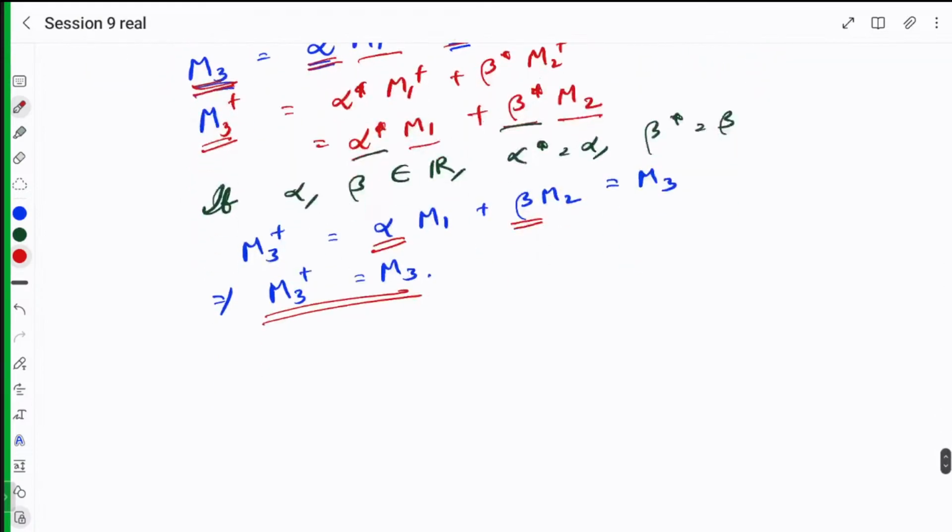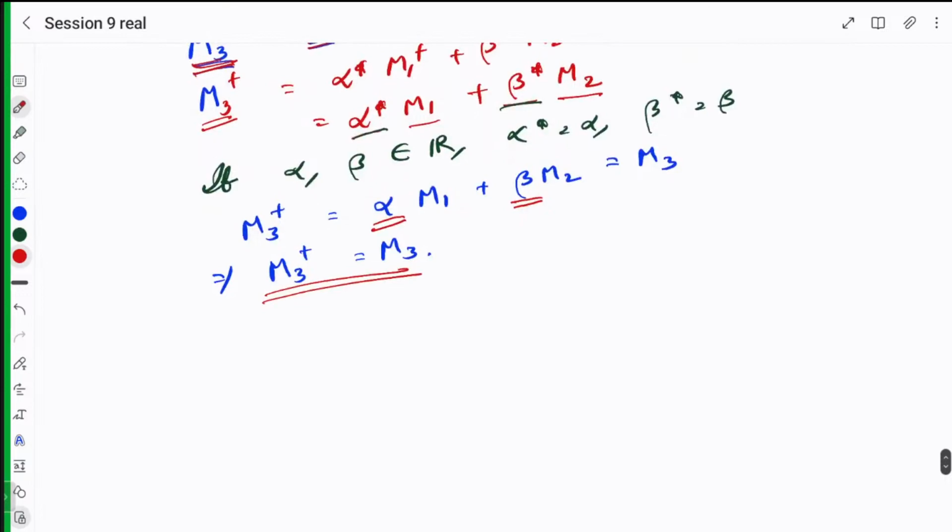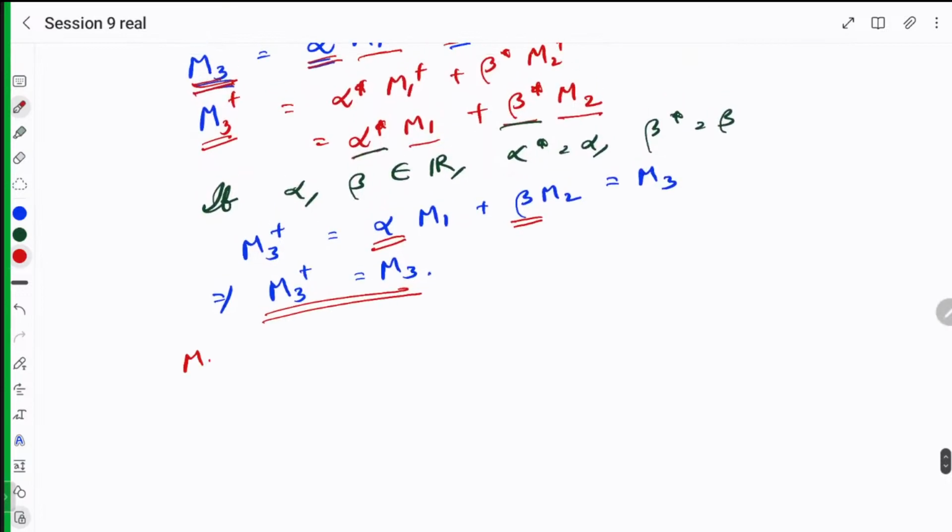So M3 is Hermitian if and only if alpha and beta are real.